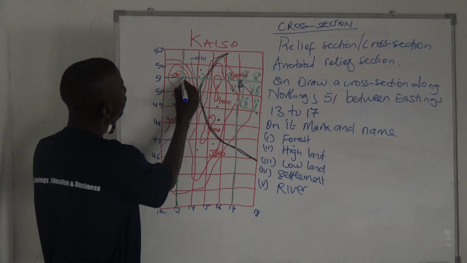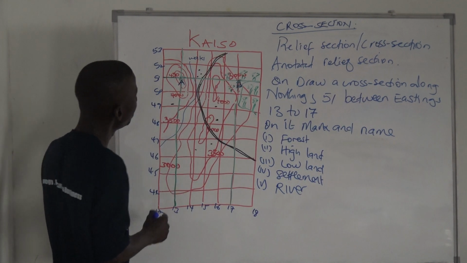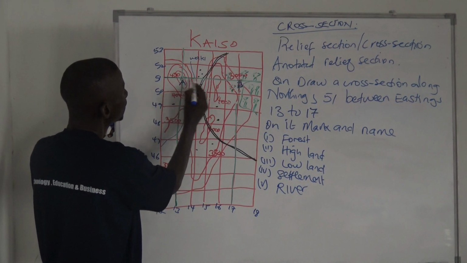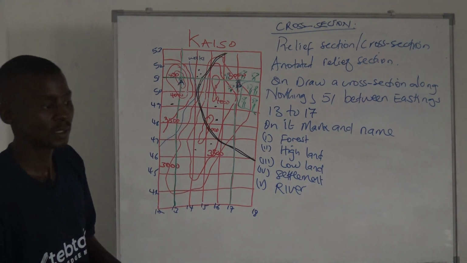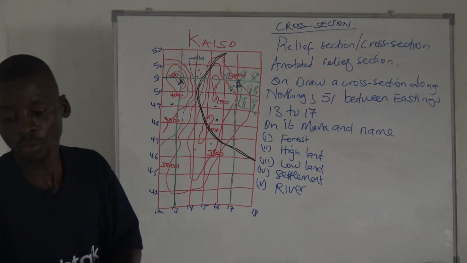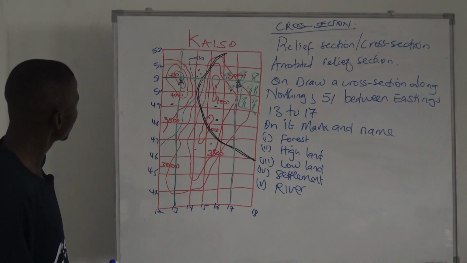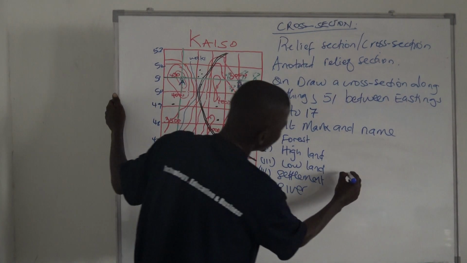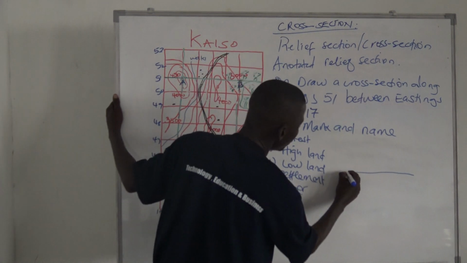Then after doing that, get your graph or any rough paper, place it along this line. Place it here, then start to mark. You start marking all the contours that have crossed. So finally, you are going to get something that looks like this. This is your rough paper.